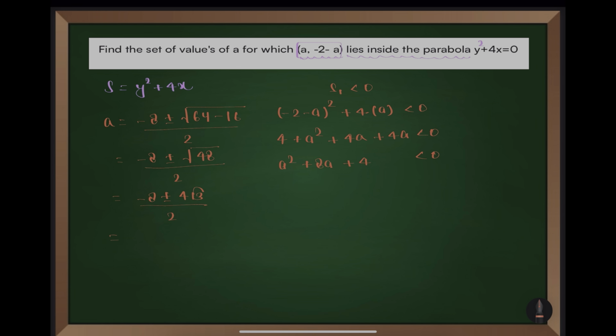I'll write first the smaller one. So minus 4 minus 2 root 3, minus 4 plus 2 root 3. I'll write this thing as x1, this thing as x2. So can I write a minus x1 into a minus x2 smaller than 0.